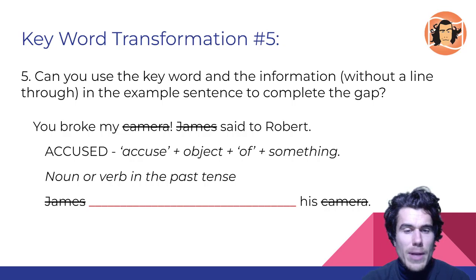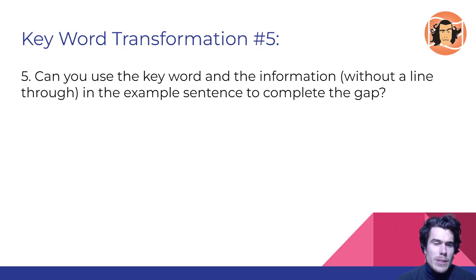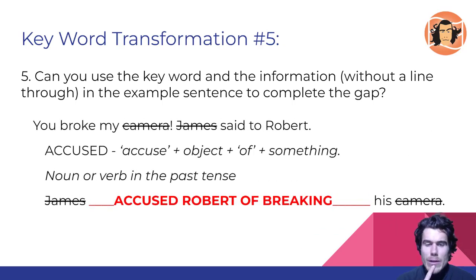And when you're ready, press play and we'll have a look what I think. Okay, so hopefully you've done that. So I'm going to use that word and the information without a line through, and I've created this. James accused Robert of breaking his camera. Accused Robert of breaking. Okay.